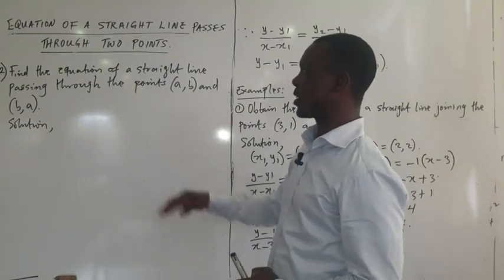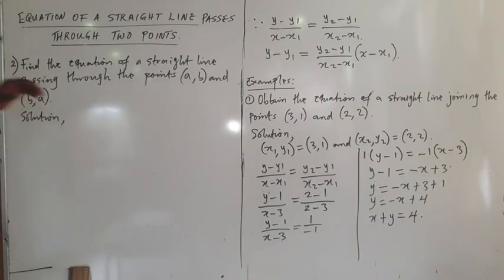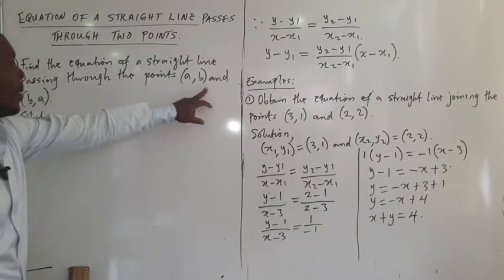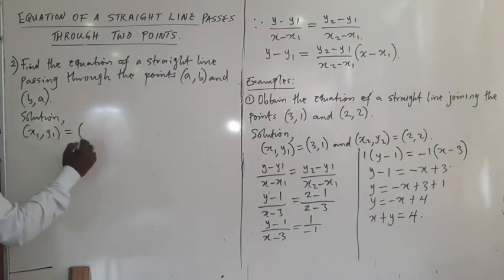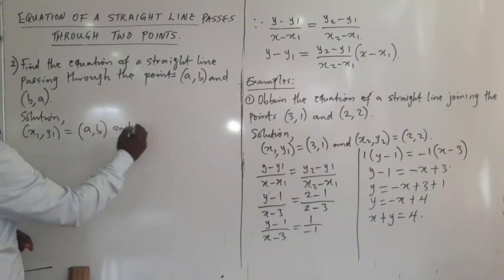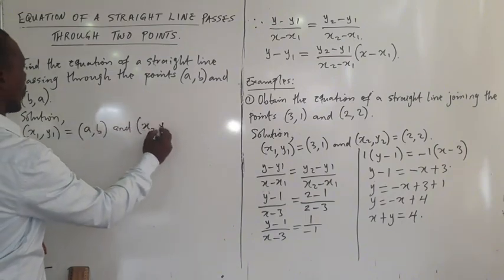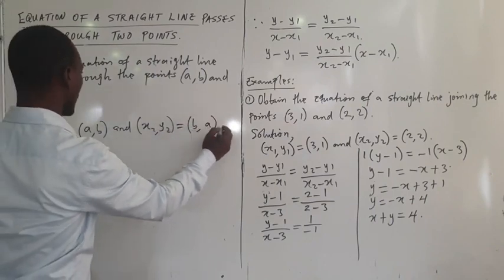So example 2 says, find the equation of a straight line passing through the points (a, b) and (b, a). So it means our x1, y1 is given as (a, b) and x2, y2 is given as (b, a).